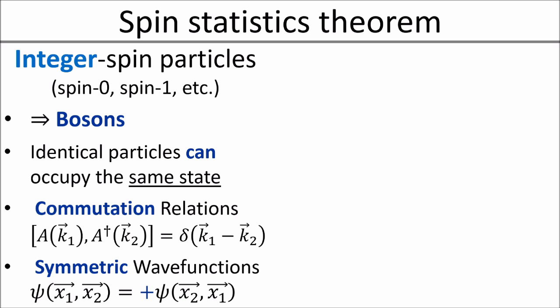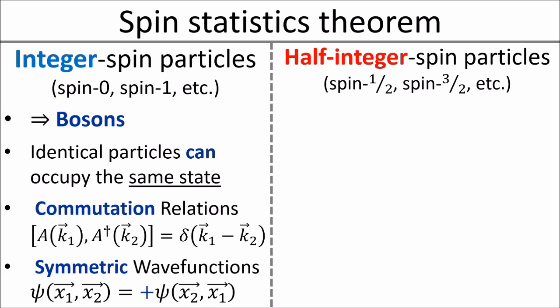The properties of superfluidity and superconductivity are explained by this property of bosons that allows identical particles to exist in the same state.